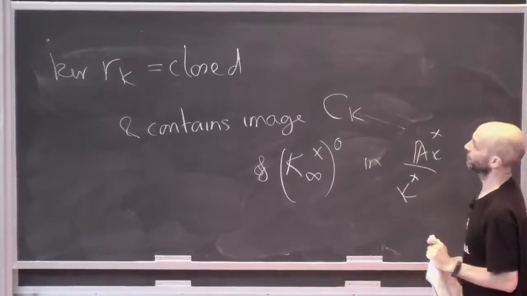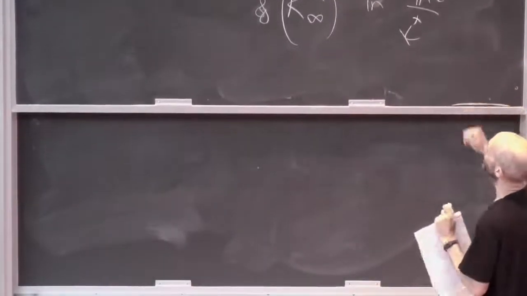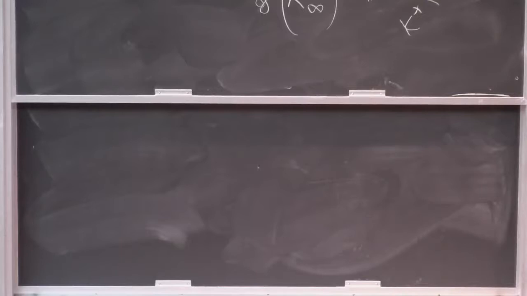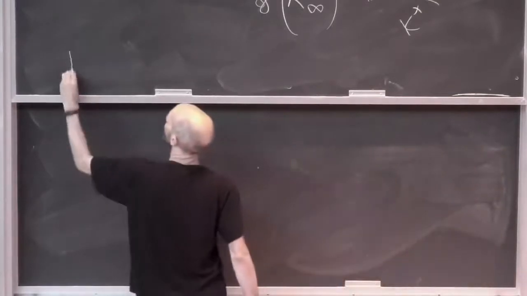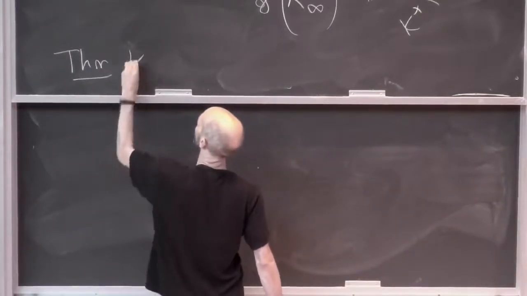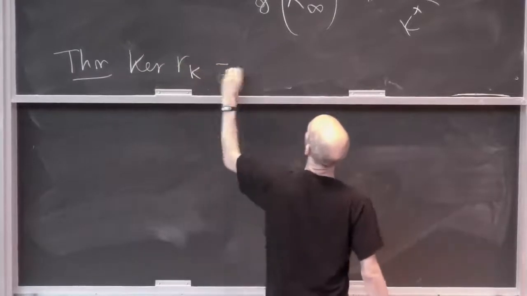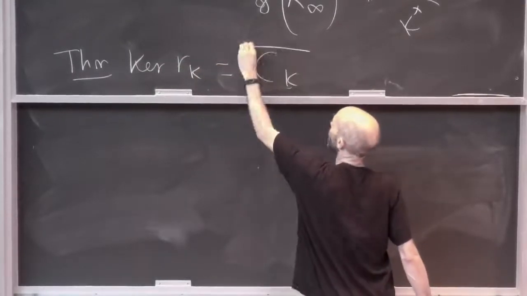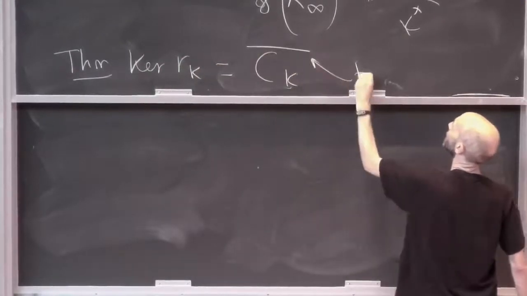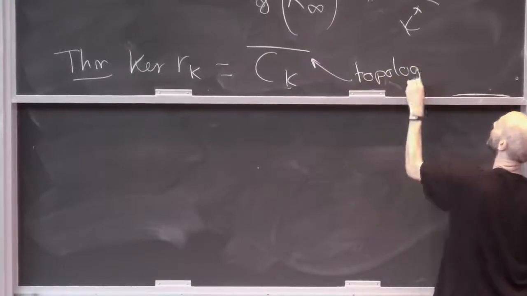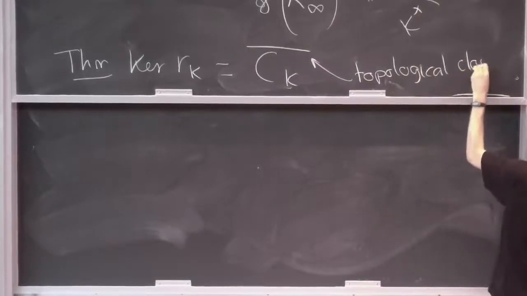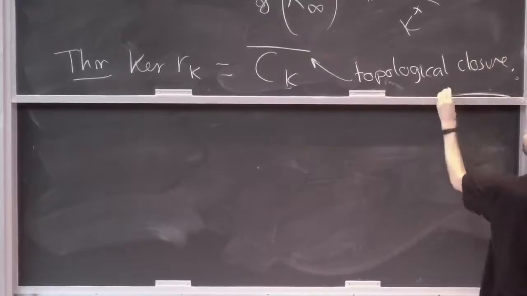Okay? So as part of the theorem in global class field theory, the kernel of RK is the topological closure, right, of CK.